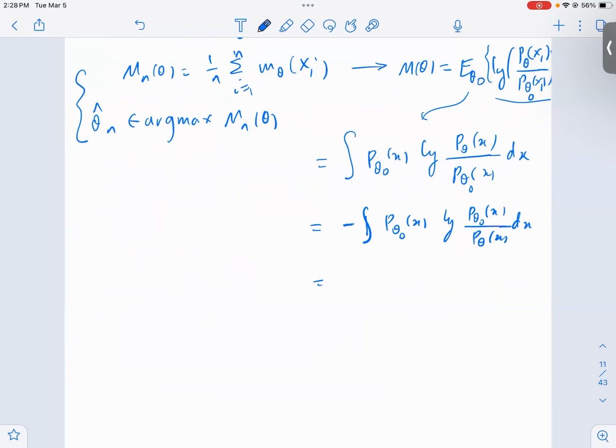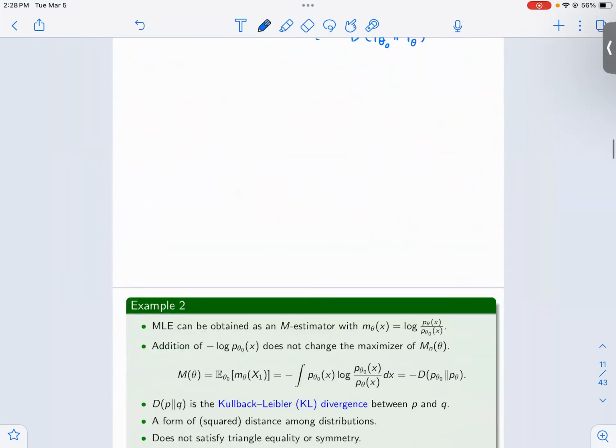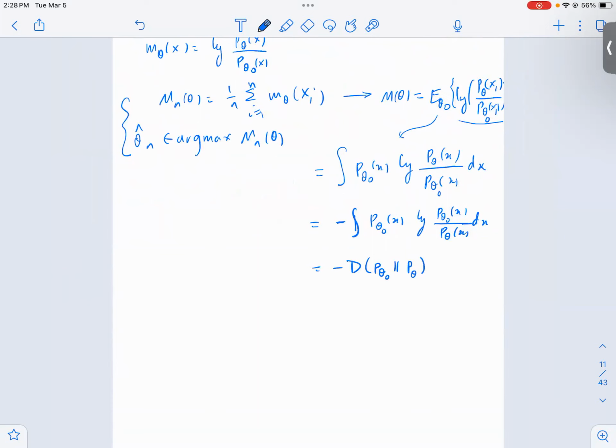So this is going to be negative KL divergence between p theta naught and p theta, I believe. Yes, okay. So we're converging to this quantity. That's the limiting function.